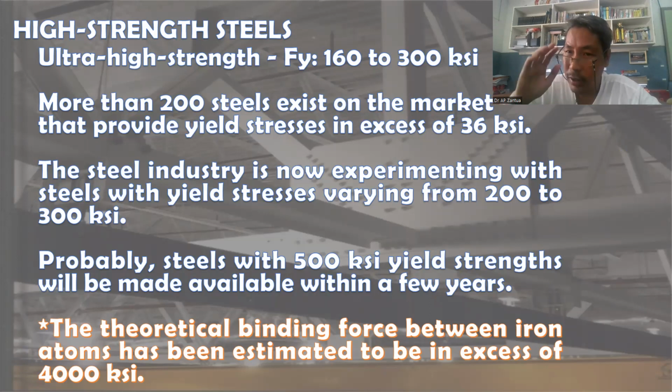There are about 55 countries who produce steel products. So it is not impossible to have about 200 different steel products in the market with yield stress in excess of 36 KSI. So 36 is the base yield strength. The steel industry is now experimenting with steels with yield stresses varying from 200 to 300 KSI. Probably steels with 500 KSI yield strength would be made available within a few years.